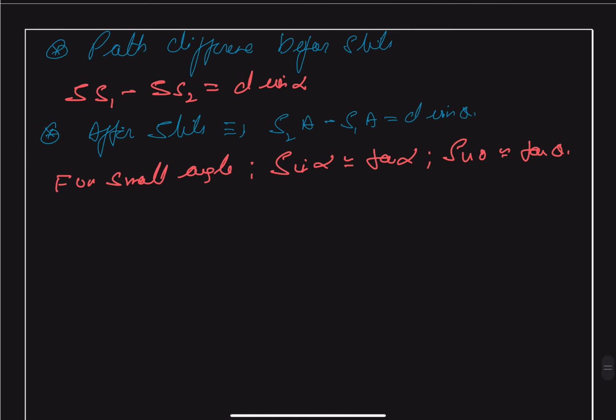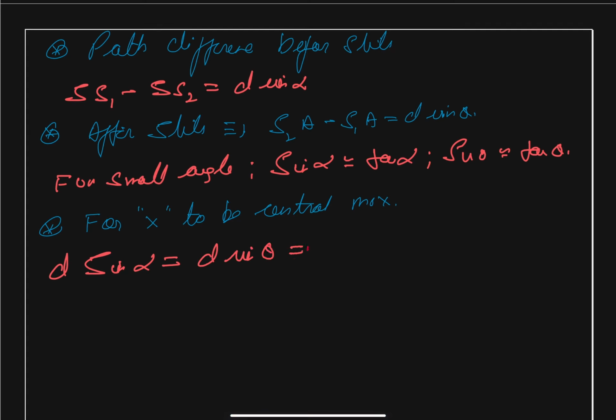So we want that for x to be central maxima, d sine of alpha should be equal to d sine of theta, or we can say tangent of alpha is equal to tangent of theta.